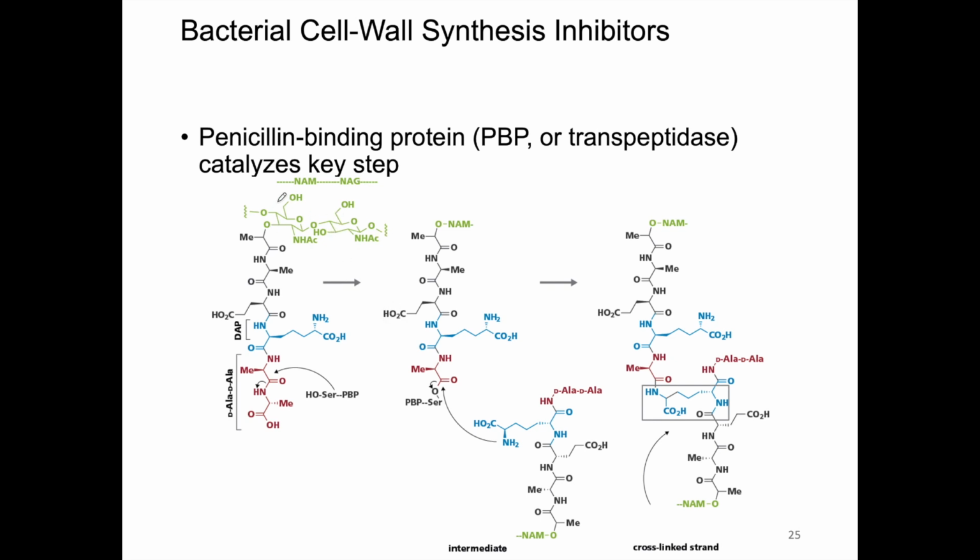We have NAG-NAM units that are part of the peptidoglycan, and the cross-linking process takes the molecule on the left-hand side here, the penicillin binding protein that I've just highlighted, covalently binds to the cell wall through this ester linkage with the release of the D-alanine residue, and then an amino functionality from the other component of the cell wall comes together to form a new amide bond. That's the linkage that the transpeptidase catalyzes the formation of, and so we have then cross-linked the peptidoglycan.